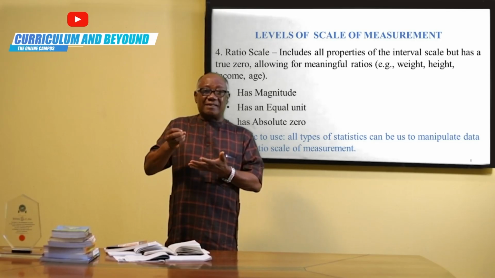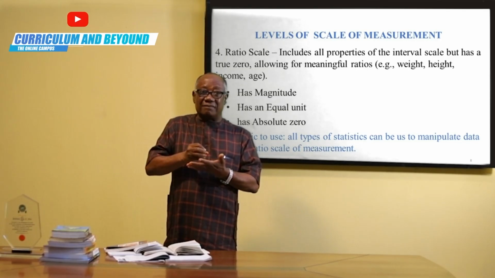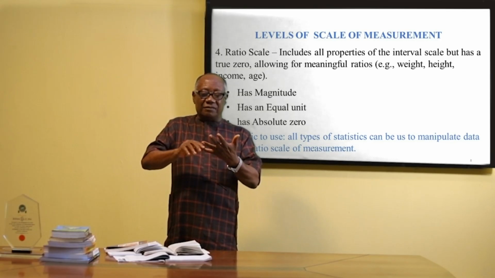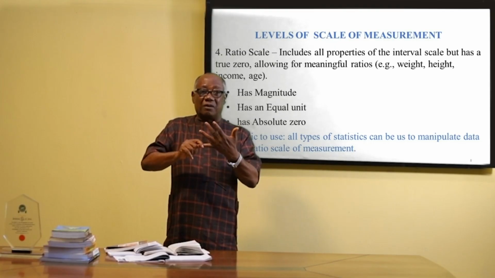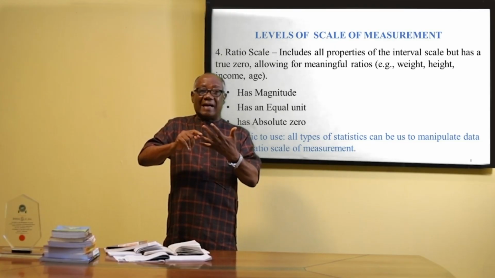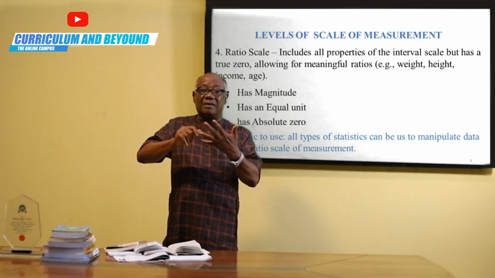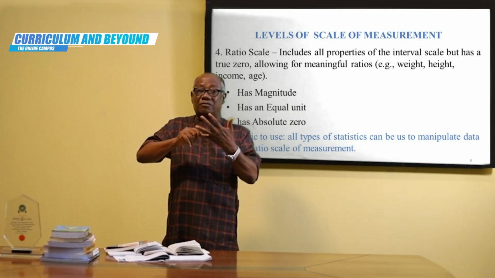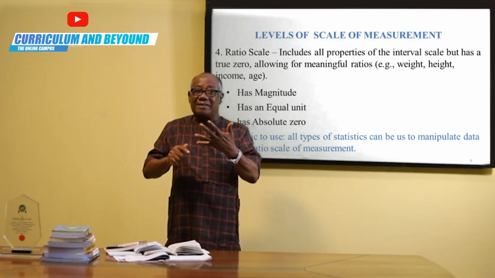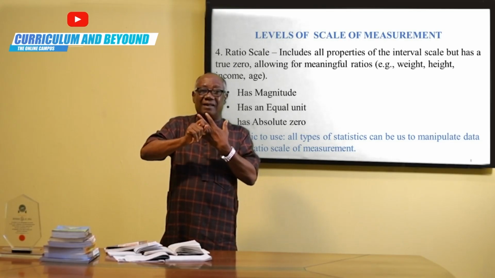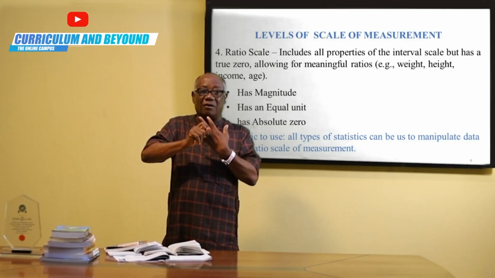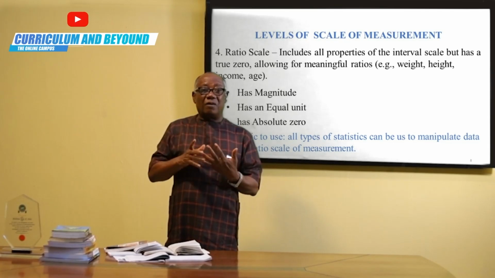using the scale that can measure weight, you can know that if somebody has a weight of 2 kilograms and another person has a weight of 4 kilograms, the person that has a weight of 2 kilograms is less in weight than the person with a weight of 4 kilograms.